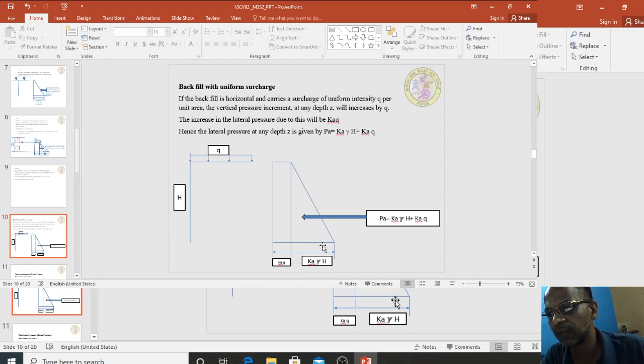If it is dry, it is Ka gamma H. If it is saturated, again one more triangle, gamma W and H2, you have to consider.